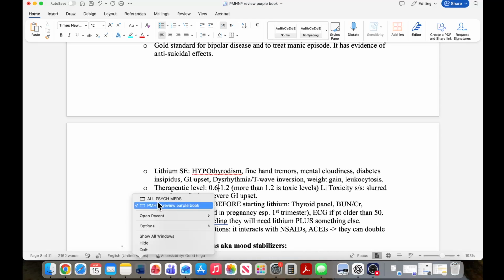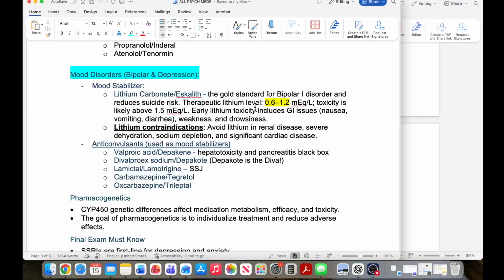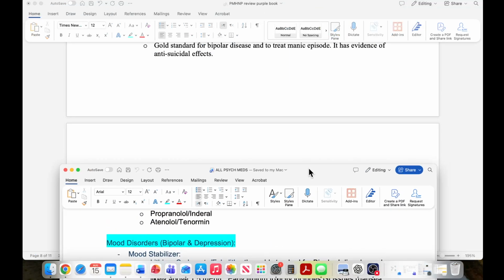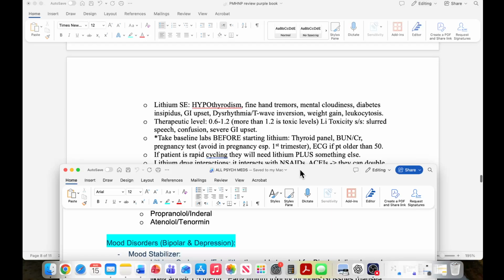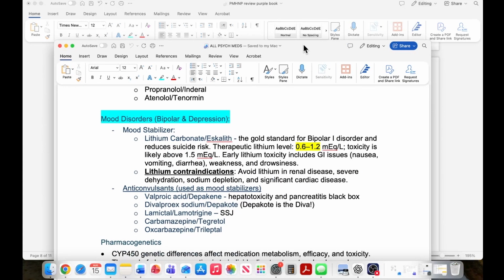See, this is why I use two different sources to study for the same exam. You've got to use one. So I'm going to go with the purple book. The purple book says anything above 1.2 is toxic.